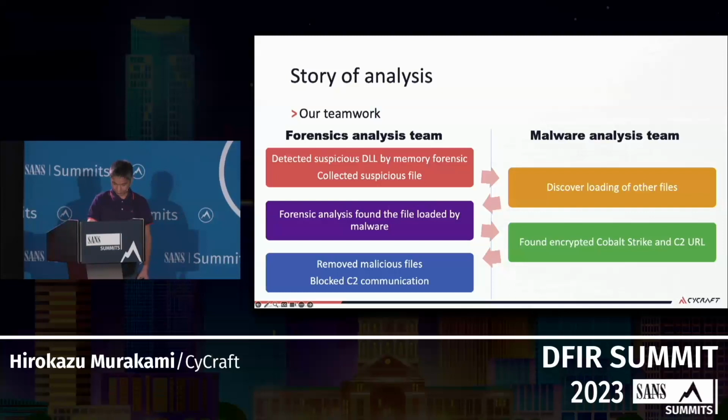Our team collected suspicious files from victims' machines. Then the incident handler had them analyzed by our malware analyst. It's me. Second, malware analysts analyze this malware in various ways: static, dynamic, and using the debugger.